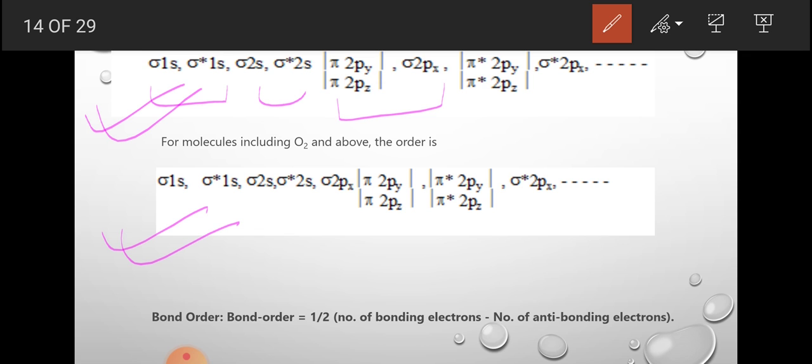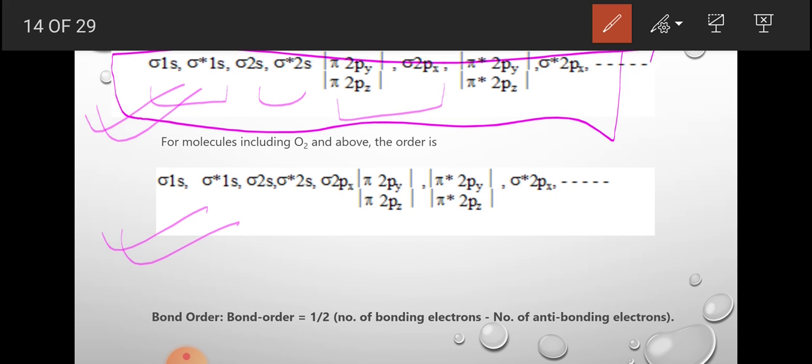And this will again be bonding, and also anti-bonding: pi star 2py, pi star 2pz, sigma star 2px. This will carry on, but only this much is sufficient for you to learn. So this is the sequence only if the system contains 14 electrons.